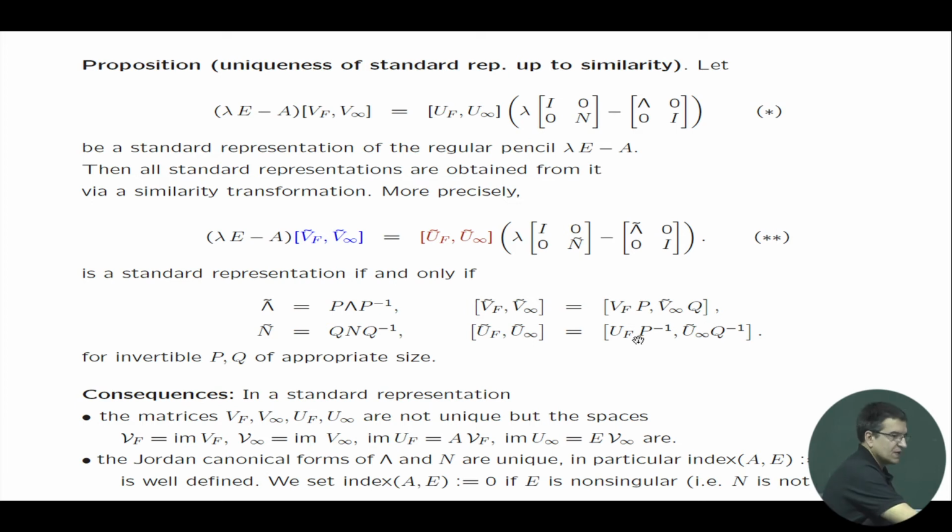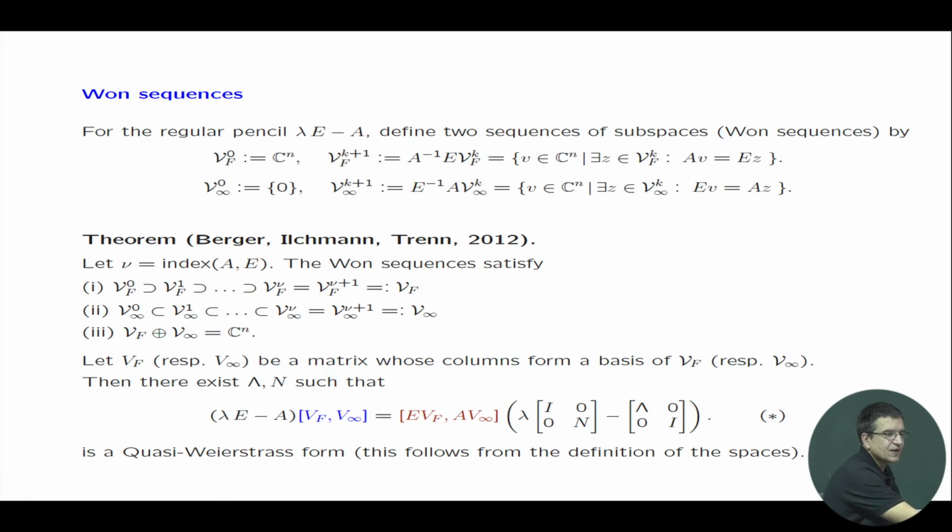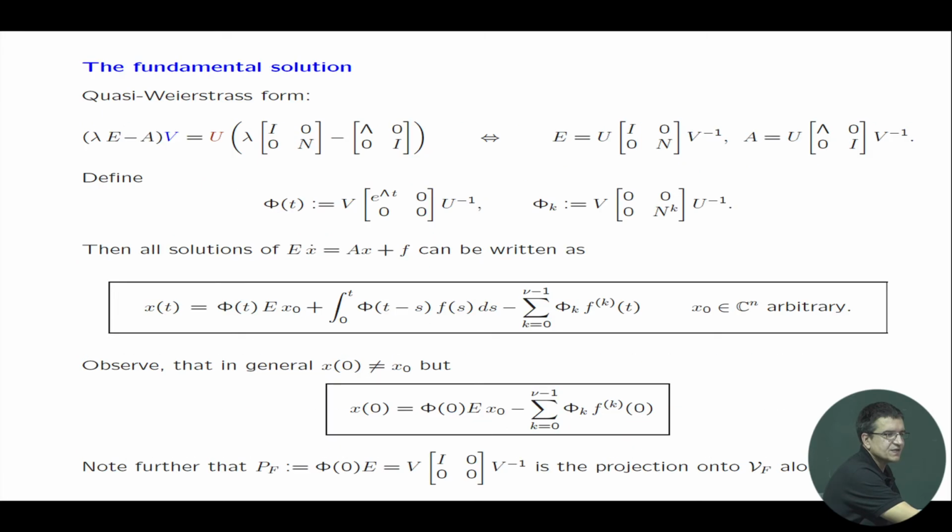On the next slide there's a proof, but I will not go into the proof details here because it's just looking at all equations and comparing matrices. But it's important to remember the statement, the result. Okay, and I will also skip this.